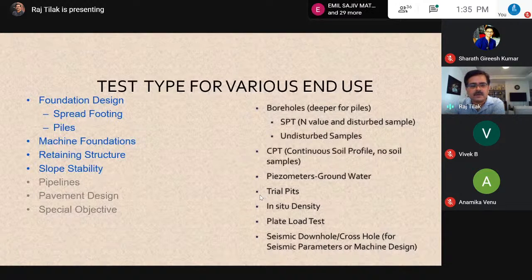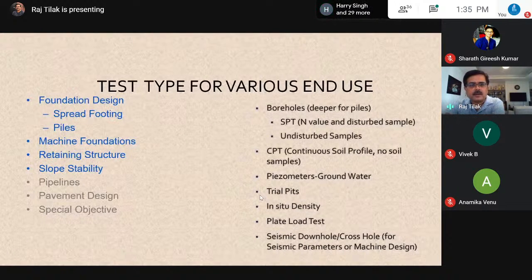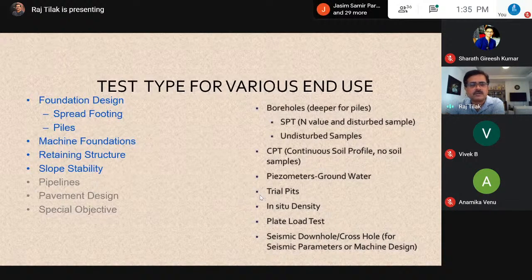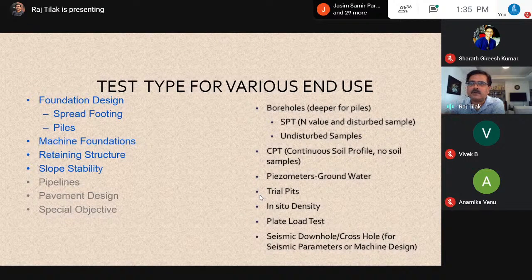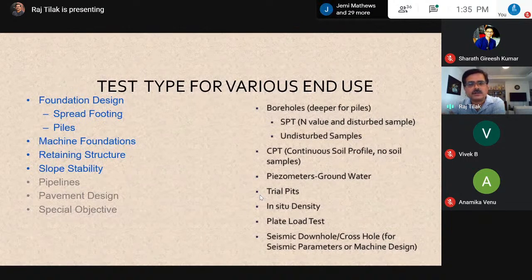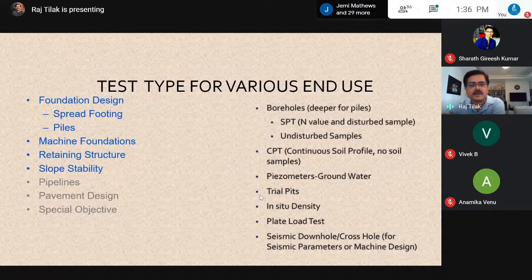So sometimes we recommend putting some piezometers. Trial pits are just an open excavation to see the soil, especially useful for shallow foundations. And some density tests and clay glue tests are actually useful for the earthworks, and of course to verify whatever you are recommending, you are actually not way off, by doing some field tests when you estimate and do your calculations.